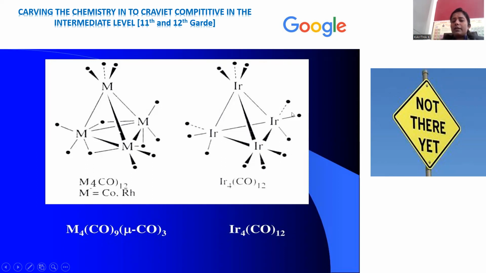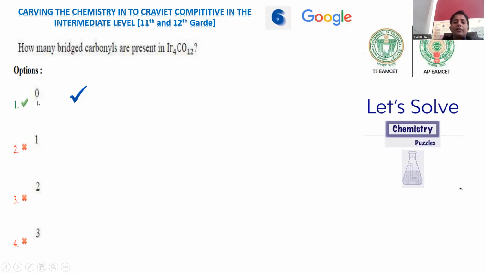All 12 carbonyls are terminal carbonyls only. They are not located in between the iridiums. Can you find any carbonyls in between the iridiums? Not possible. So 0 bridged carbonyls are there in Ir4(CO)12. This is a metal carbonyl compound where bridged carbonyls are 0.